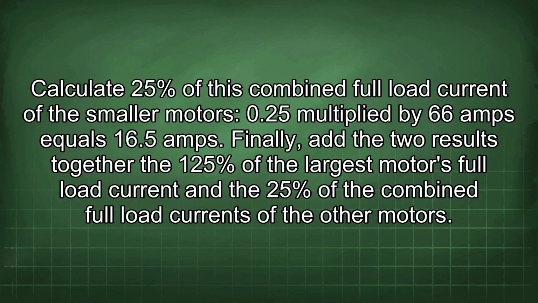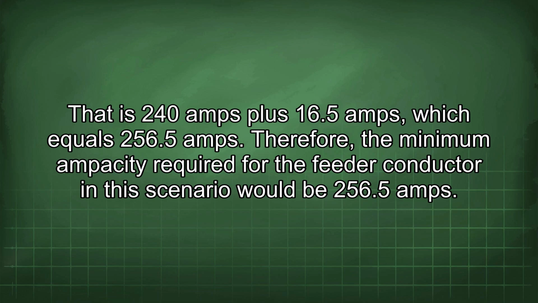Finally, add the two results together: the 125% of the largest motor's full load current and the 25% of the combined full load currents of the other motors. That is 240 amps plus 16.5 amps, which equals 256.5 amps. Therefore, the minimum ampacity required for the feeder conductor in this scenario would be 256.5 amps.